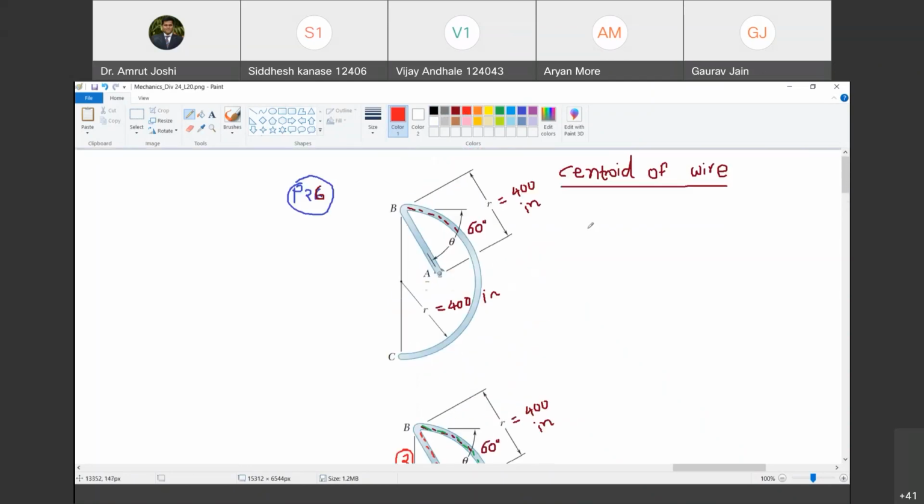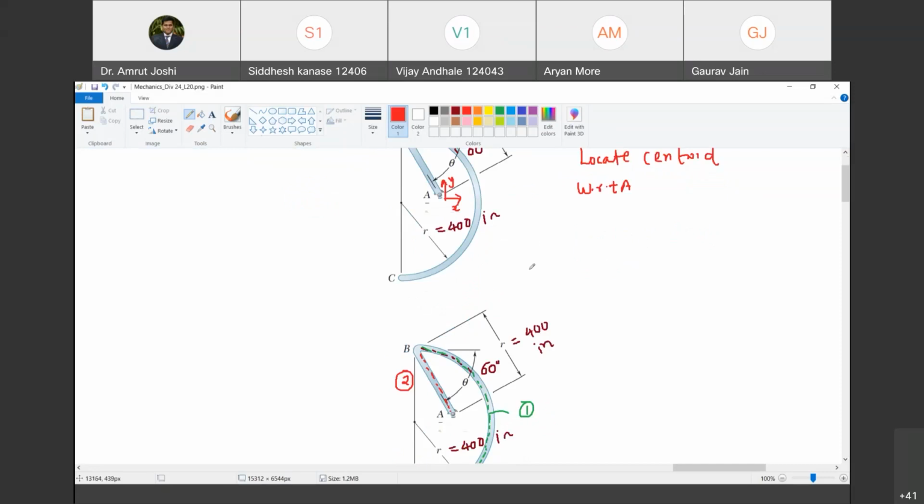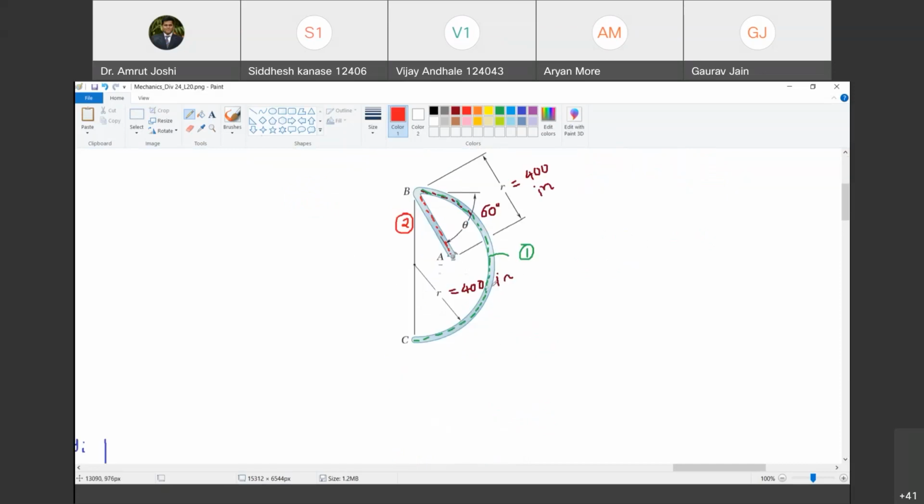We have to locate the centroid with reference to A. This is X, this is Y. Happy? Yes, sir. So we have to locate the centroid from A. This is positive X, this is positive Y. What is going to be the change?